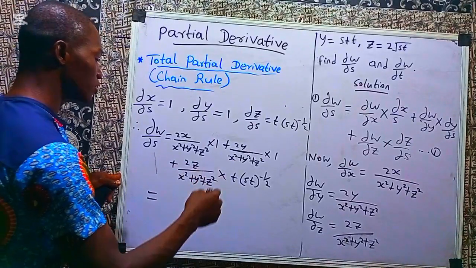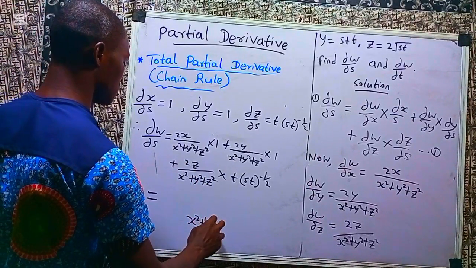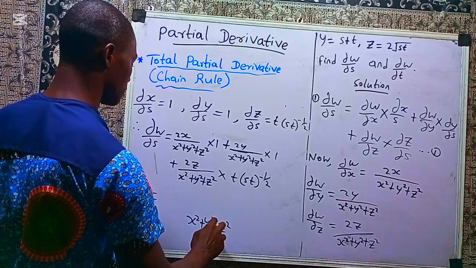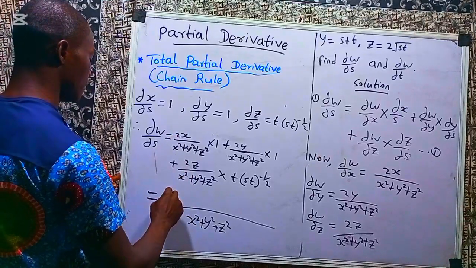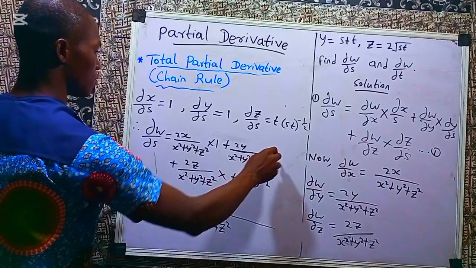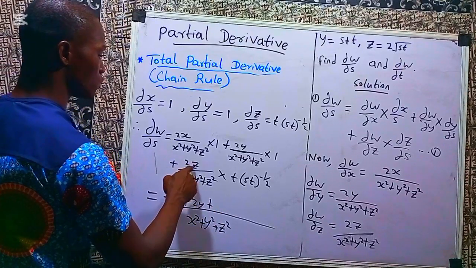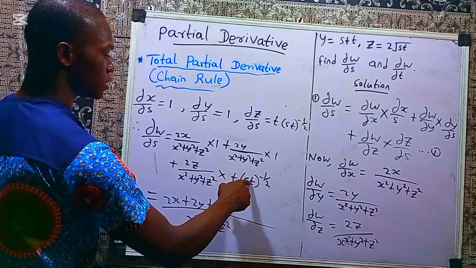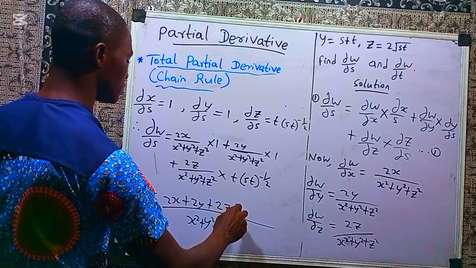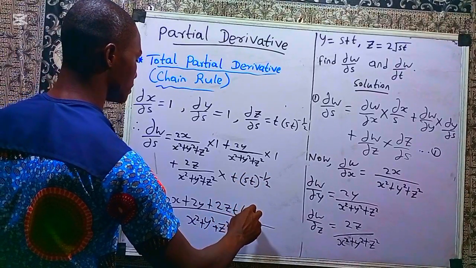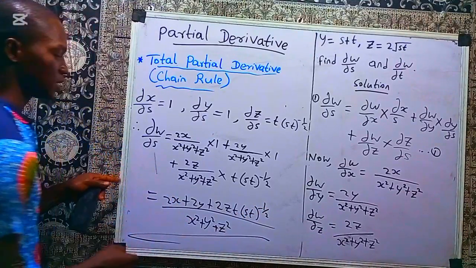All of them have a common denominator, so I have x squared plus y squared plus z squared, divided by 1 times 2x, I have 2x, plus 1 times 2y, I have 2y, plus 2z times t into (st) raised to the power negative half, I have 2z t (st) raised to the power negative half. So this is the result of that.